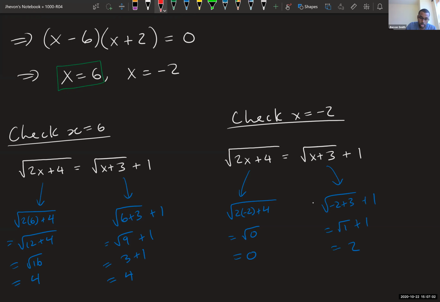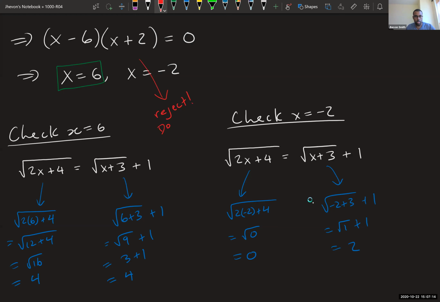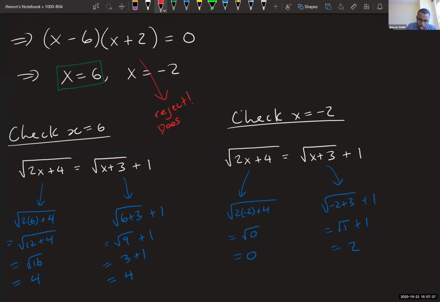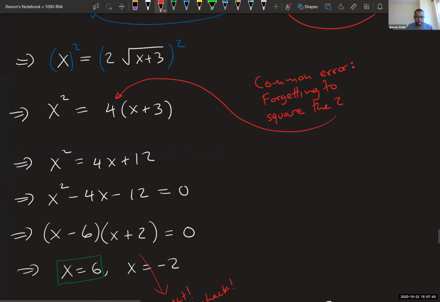So this does not work. Okay, so this one does not check. So only 6 is the answer.